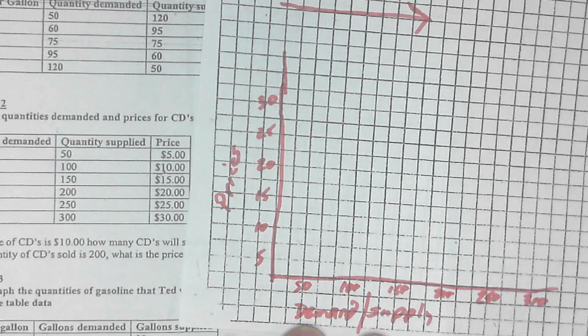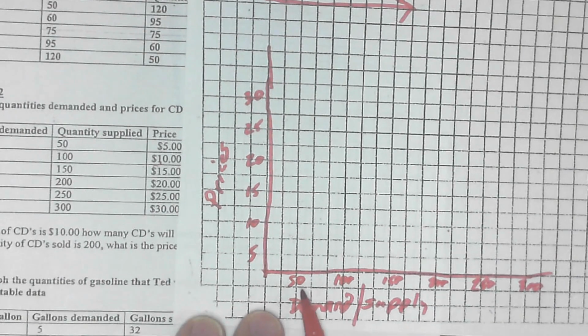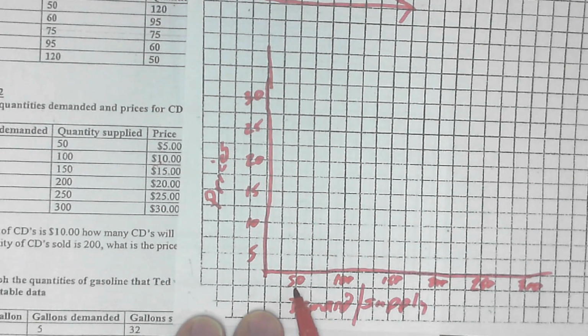This marker's bad for details, but it's good because it's thicker and shows up better. So I went over 3 lines, 50, then 1, 2, 3, 100, 1, 2, 3 on the 150, 1, 2, 3 on the 200, and so on.